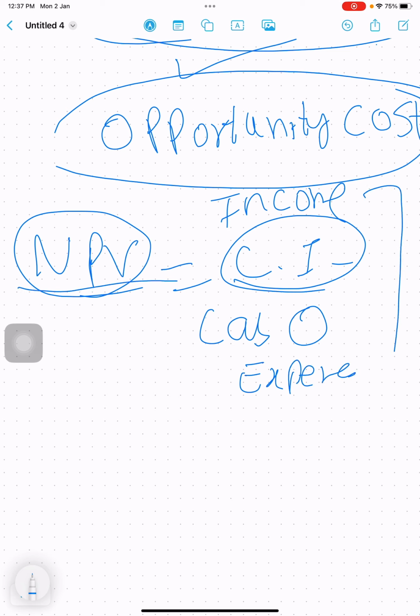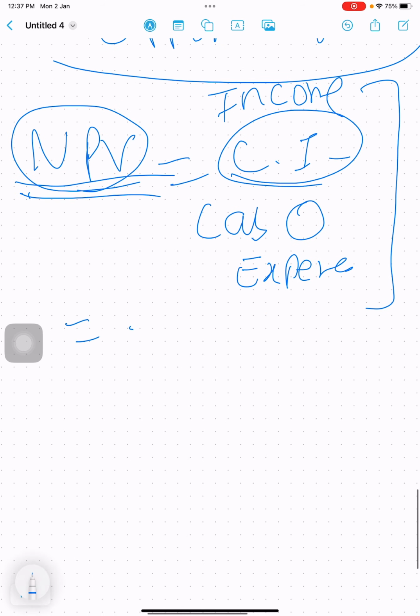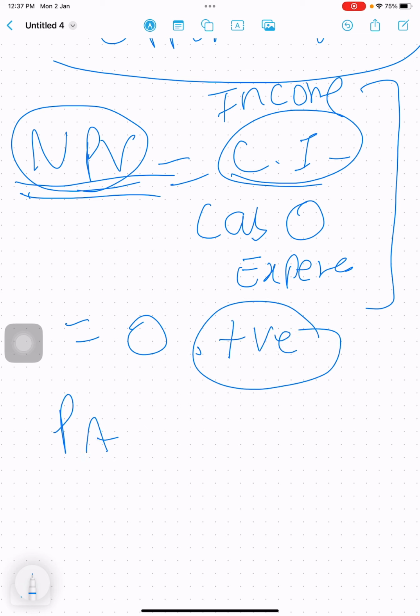It has a wide range of explanation, but for now I guess this will be enough for your PMP exam. Net present value should be minimum 0. The more positive it is, the better it is. Whenever you are comparing two projects, let's say project A, project B, the one which is more positive, we will use that one.